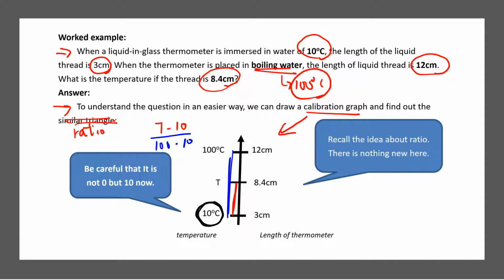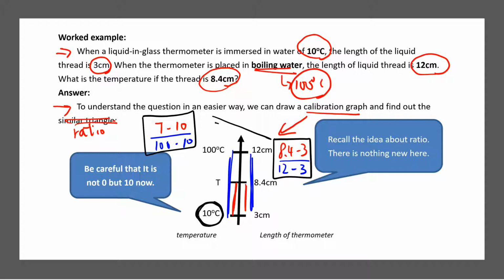For the right hand side, the red one is 8.4 minus 3 and the blue one is 12 minus 3. Because we're talking about the same line, these two ratios must be equal to each other.